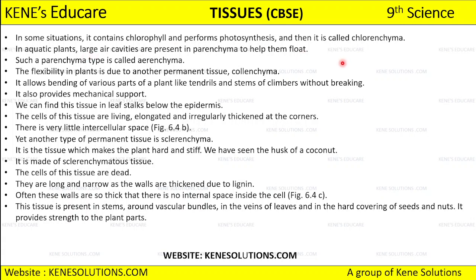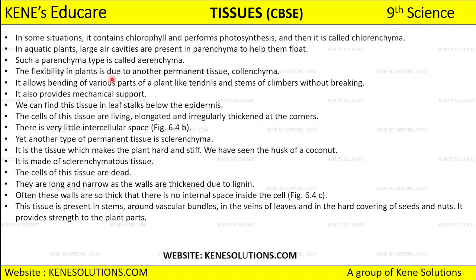And in aquatic plants, there are large air cavities which are present in parenchyma that are going to help them to float. तो parenchyma के अंदर, if there are large air cavities present, then it is going to help the parenchyma in floating, and such a type of parenchyma we call aerenchyma. तो अगर parenchyma के पास chlorophyll है, we call that parenchyma as chlorenchyma. And if the plants are having large air cavities, then we call that as what? We call them as aerenchyma. Okay, so we have chlorenchyma and we have aerenchyma.